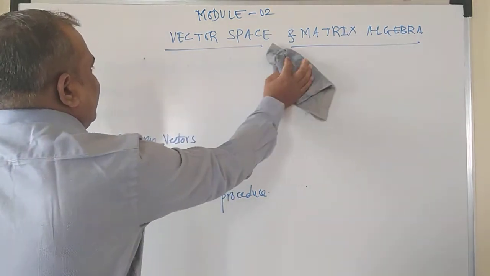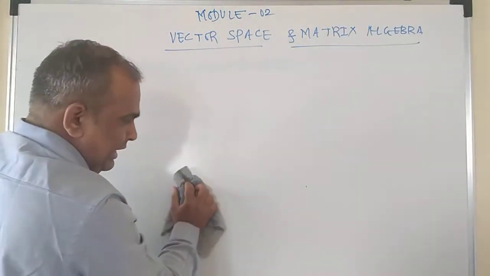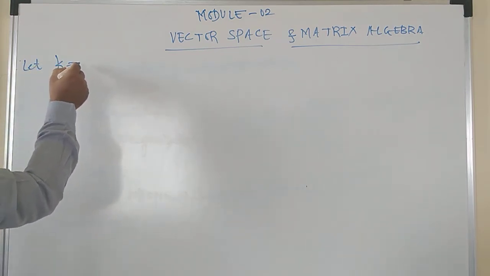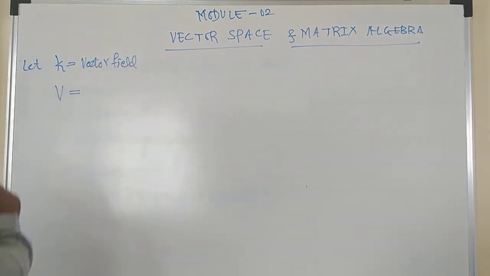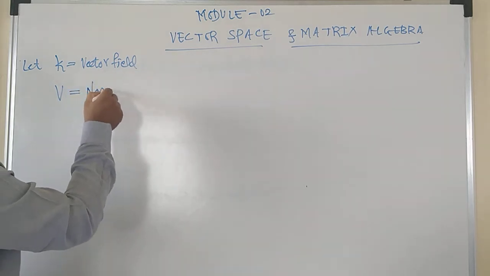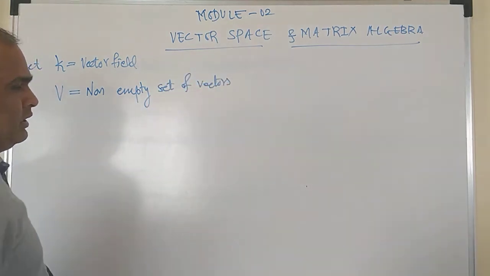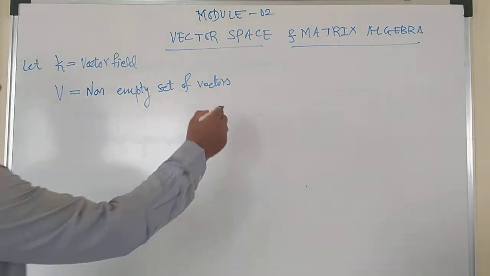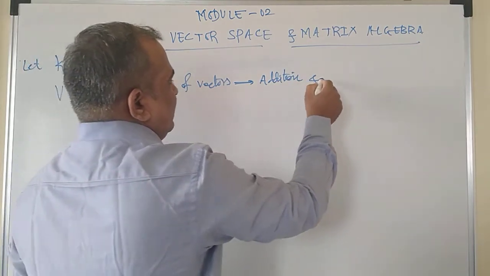To understand what is meant by a vector space, let K be any given vector field, and V is a non-empty set of vectors. This V, a non-empty set of vectors, follows the rules of addition as well as scalar multiplication.